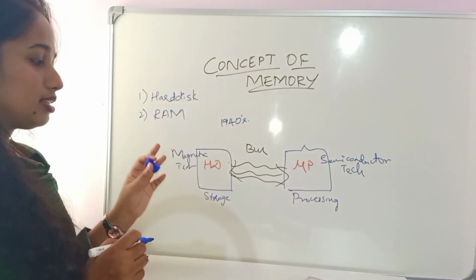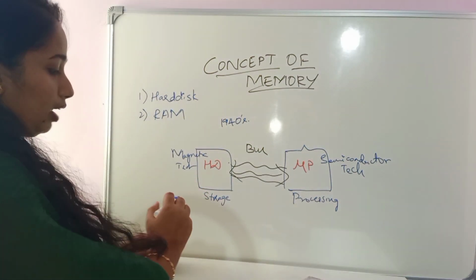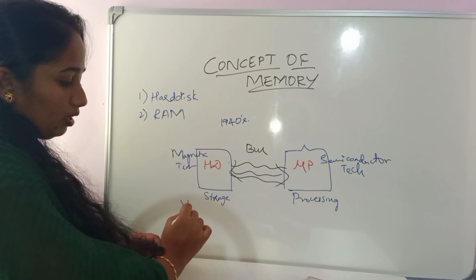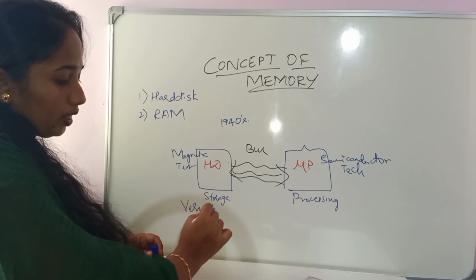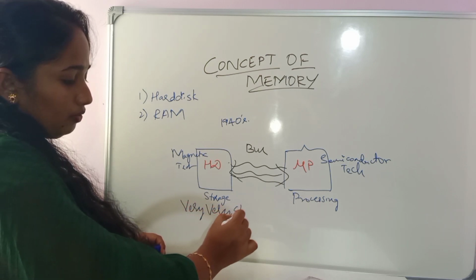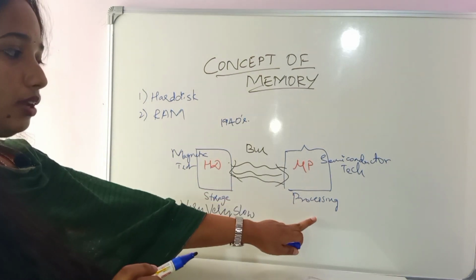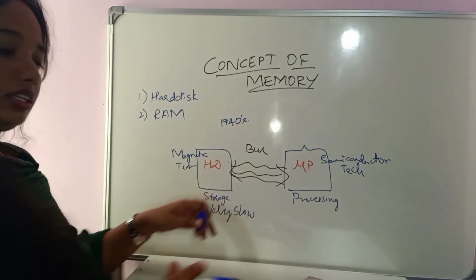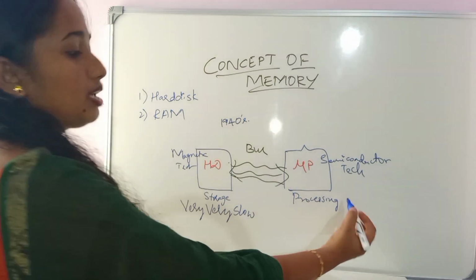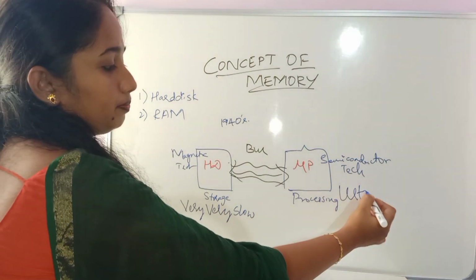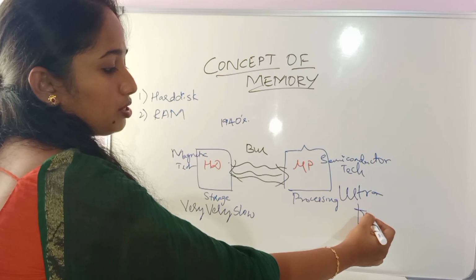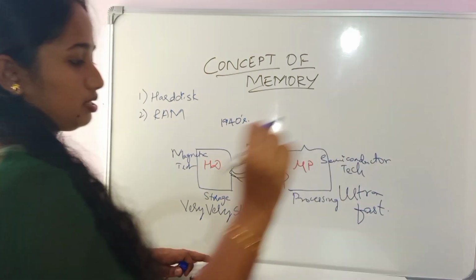As the hard disk is a magnetic technology device, in functionality it is very slow. But the microprocessor, as it is a semiconductor technology device, is ultra fast.